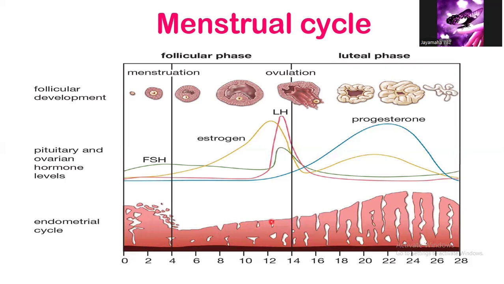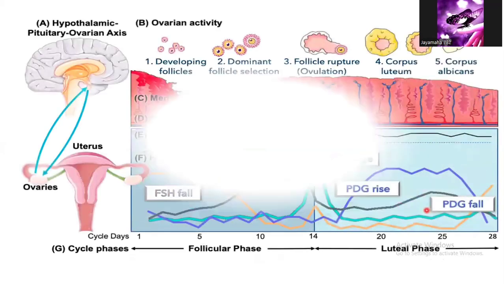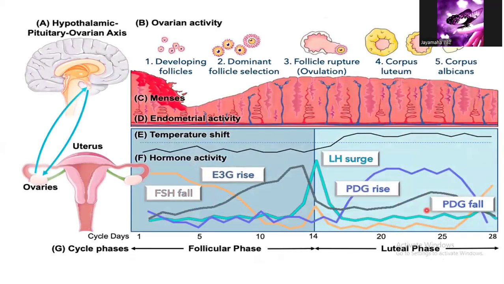Then it becomes more vascularized and glandular during the luteal phase due to the influence of the progesterone hormone. If there's no pregnancy, it breaks down, leading to the next menstrual cycle. From this slide also you can see the menstrual cycle very clearly.